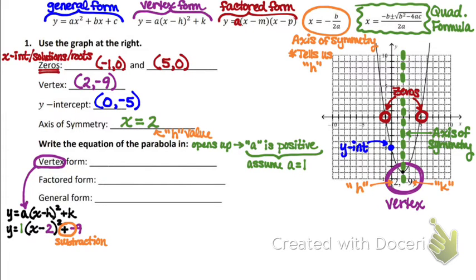So my vertex form, if our A value is 1, we oftentimes don't see it written down. If you want to still put the 1 here, that is totally fine. But when our A value is 1, we often don't see it.